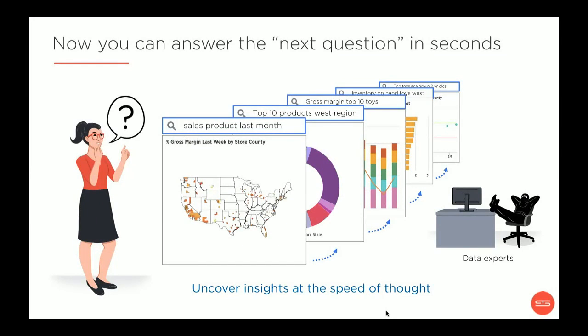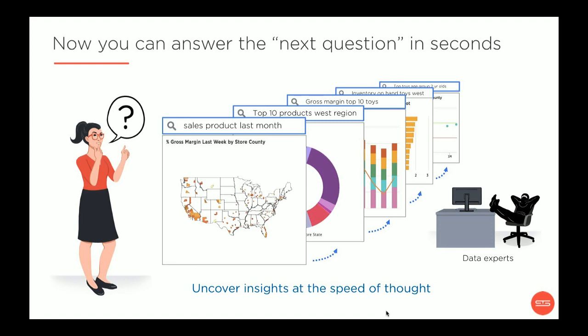And so what this means is, users can now ask as many questions as they want, and obviously, when users see a new visualization, a new answer, they're always going to ask that next question. And so the real power is, you now have the capability to continuously ask questions and get answers and new visualizations and continuously build out a narrative of all of your data-related questions and answers without having to rely upon these data experts.